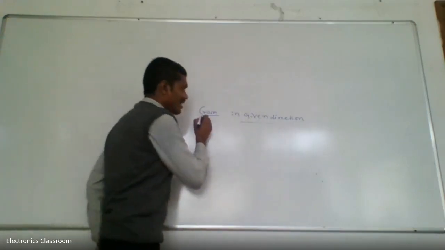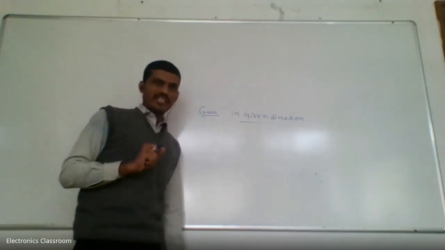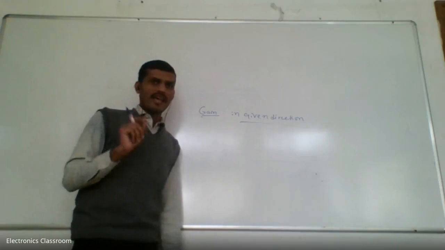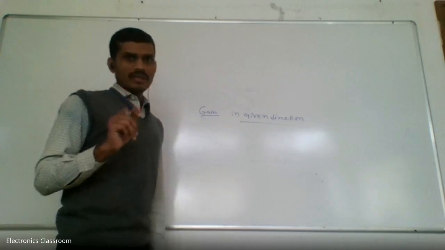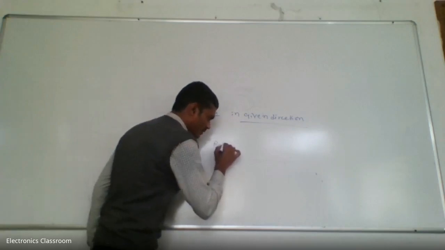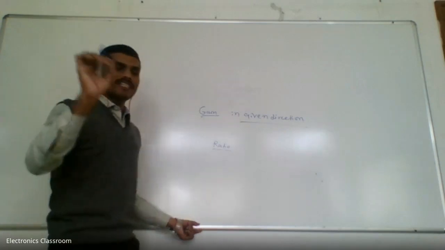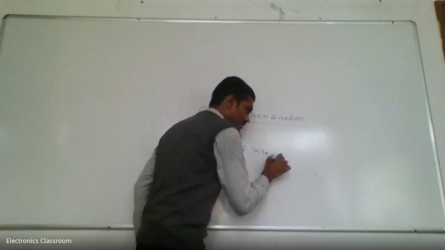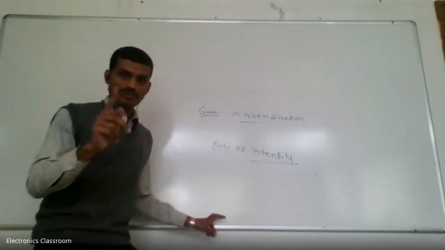So the gain of the antenna in a given direction is defined as, listen carefully, the ratio of intensity.